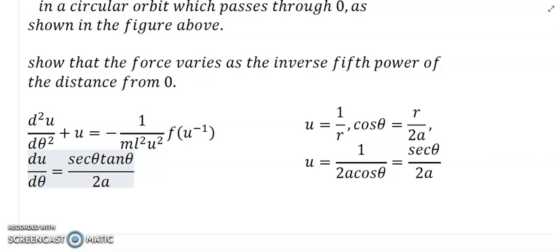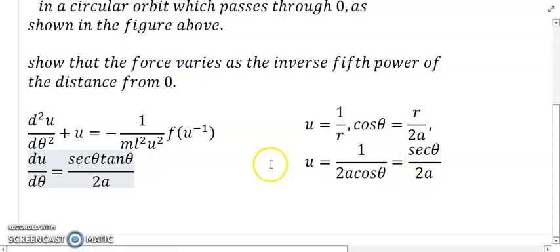This is the first derivative, and let's quickly find the second derivative of U.